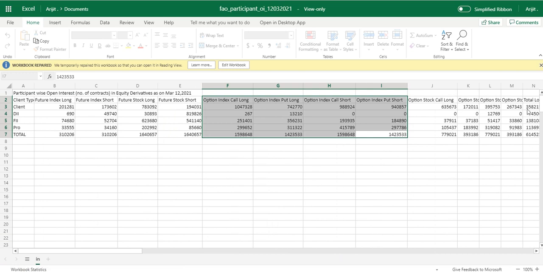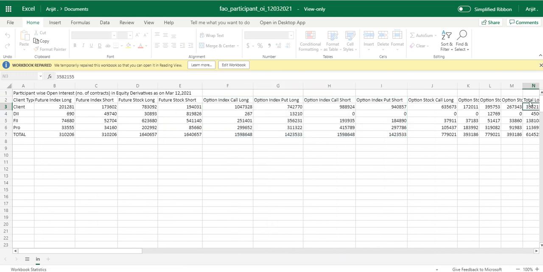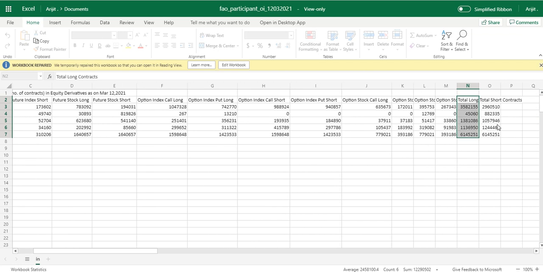If you go to the rightmost side, there will be something called total long. So this gives you the number of total contracts, but this representation of total long side and short side contracts may be wrong, because the futures side contract and the option side contract may have different values.